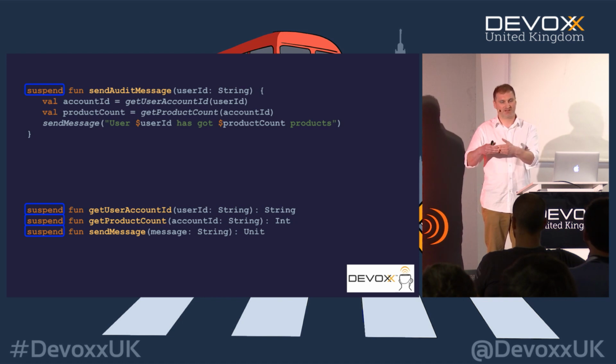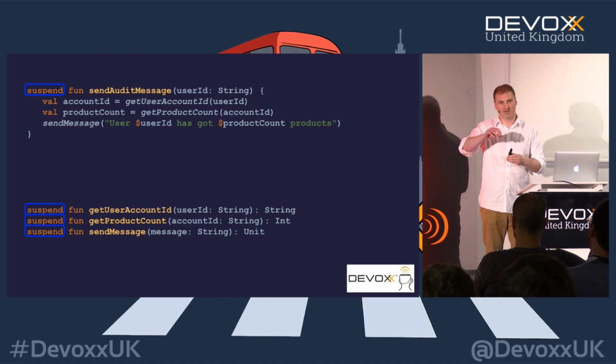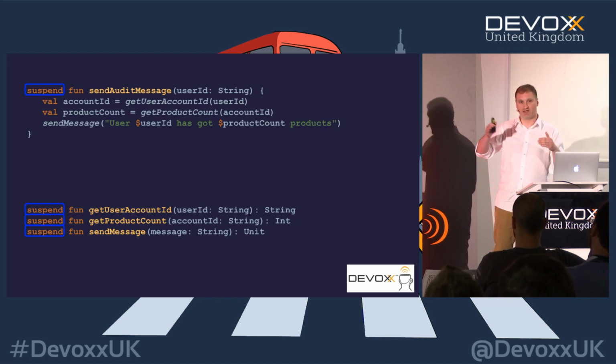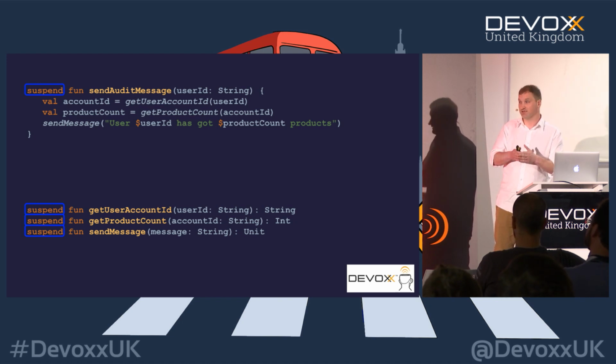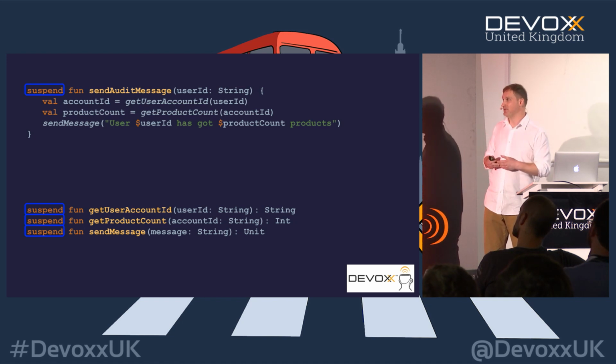So now our functions, if they are suspending, can suspend their execution at certain points. Here you can see the same kind of code that we saw on the first slide, but now our code is asynchronous, and it's done with only one keyword, which is suspend.